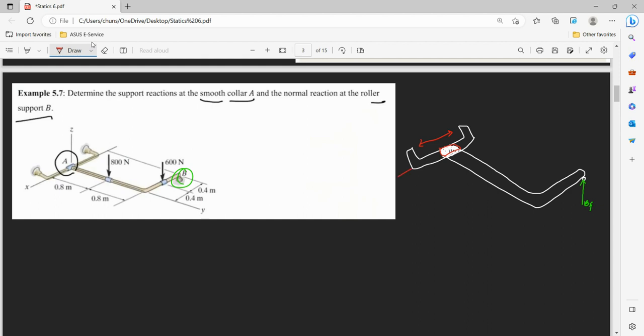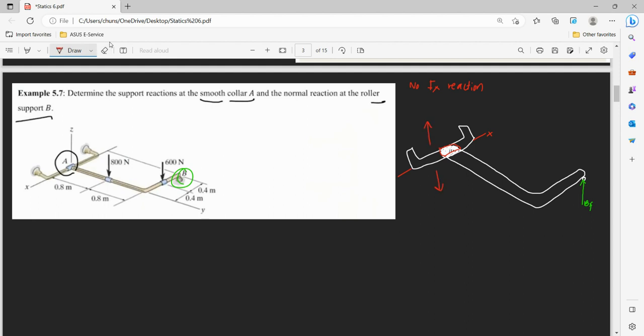So this is our x-axis. So this means we're going to have no Fx reaction because we're not restricting movement in this axis, but we can't move it this way or that way, and we can't move it up and down, right?